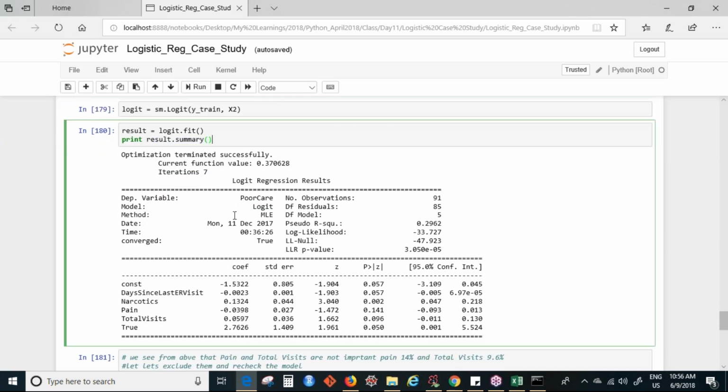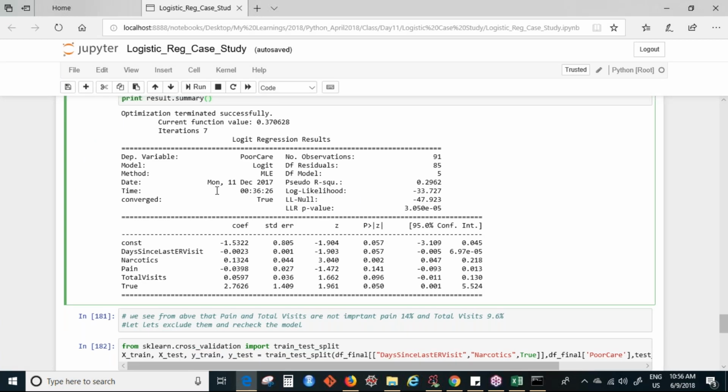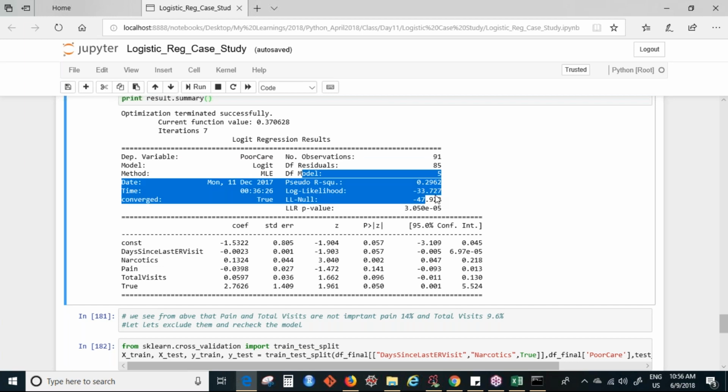And then we will run this and again run the summary of this. Once you run the summary of this, you see the output is very similar to what you get in linear regression. So first you have the dependent variable. In this case, the name of the dependent variable was poor care. Model is logit model. Method is maximum likelihood estimate, MLE. This is the date and time when it was run. Number of observations it is showing, and all these you can ignore.